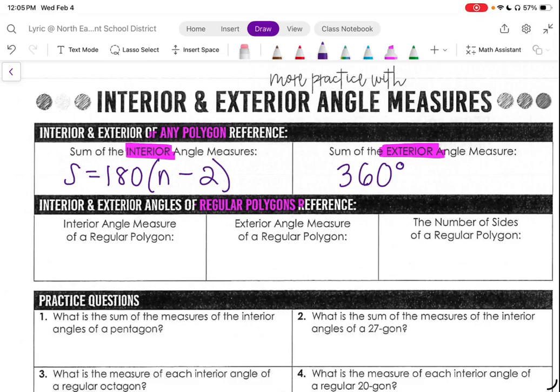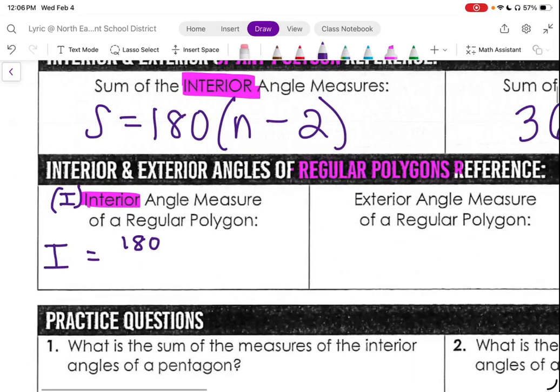Our interior angle starts with the letter I. The interior angle measure of any regular polygon is I equals 180 times n minus 2, all divided by n, where n represents the number of sides.